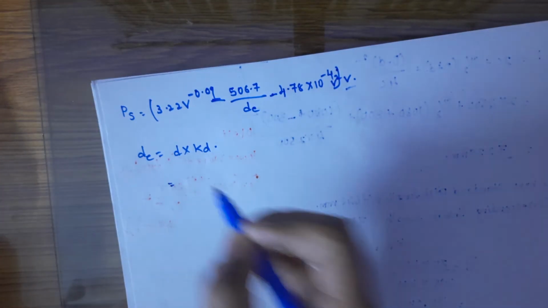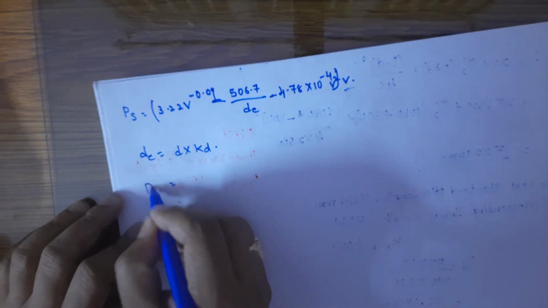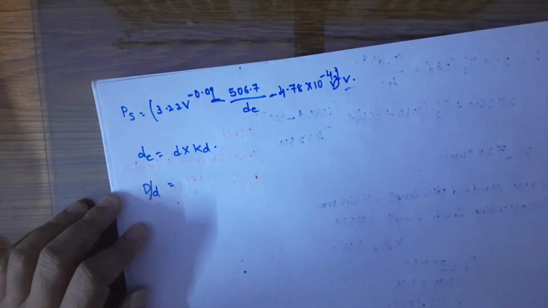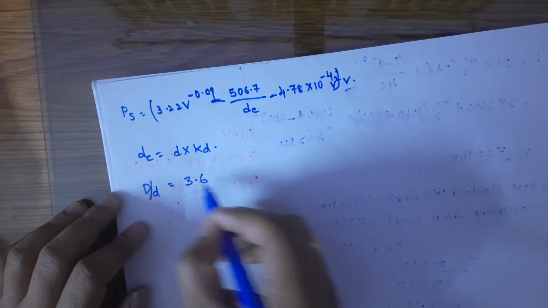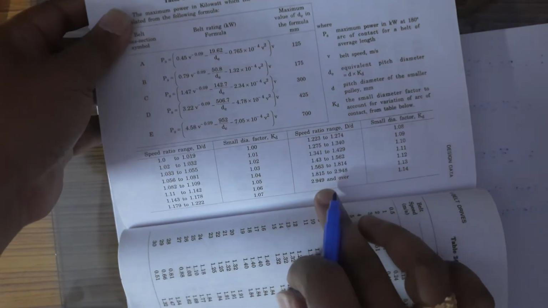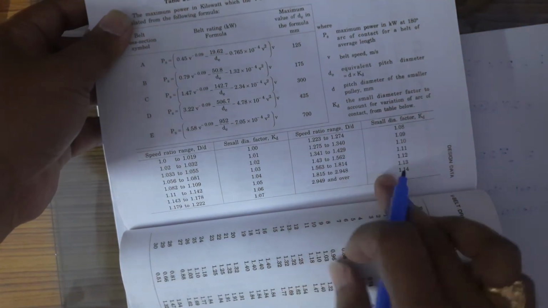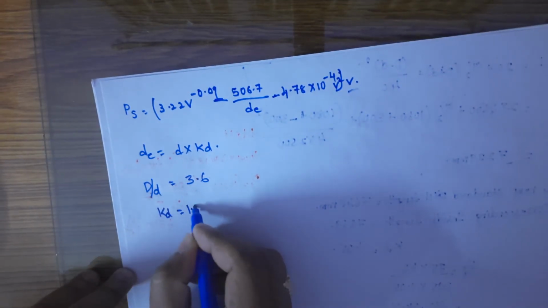The KD value can be found out by the D by d ratio. The ratio that I have got is 3.6, which is over 2.949, and over we have to take the value of 1.14. So the KD value is 1.14.